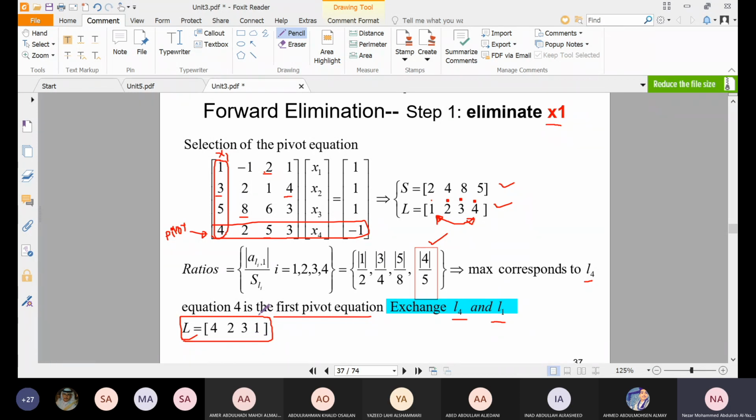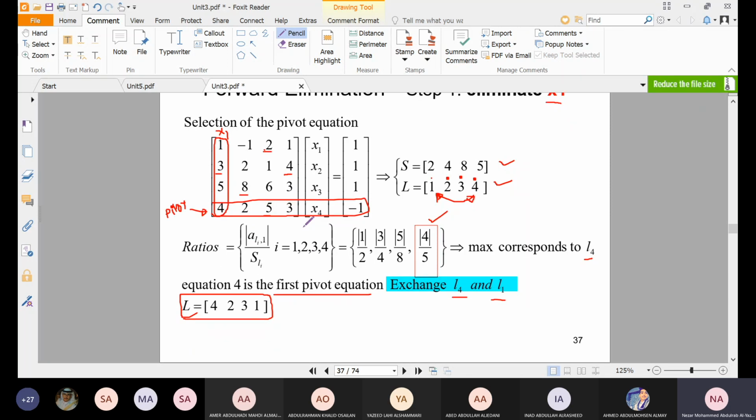We'll see later. So now that we determine this one, we have to eliminate the coefficients above in this row. For example, I have to convert this one to 0, convert this one to 0, convert the 5 to 0 by using this row, like the Gaussian elimination we did before.